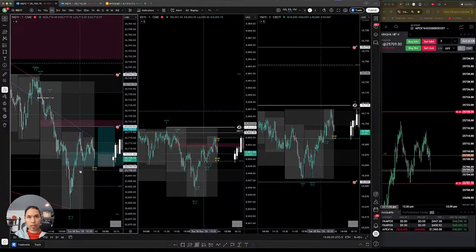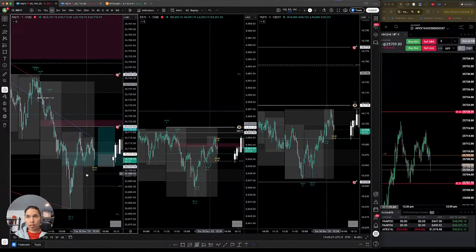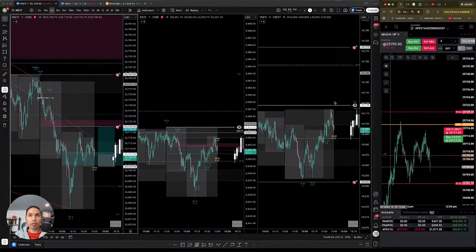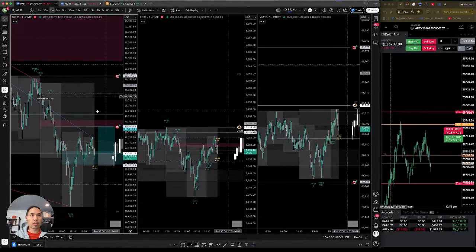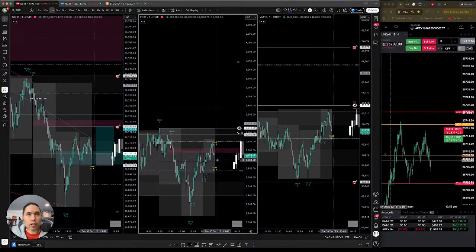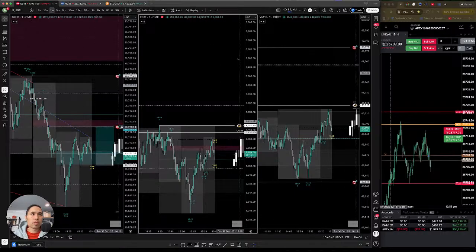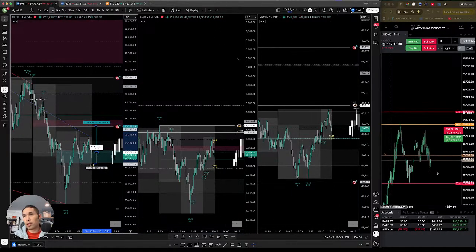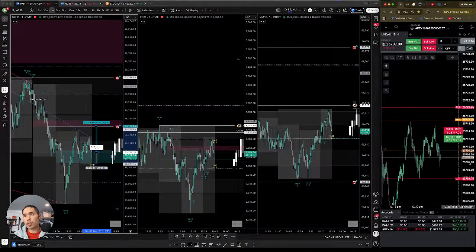I don't like this. Nah, I'm going to get out. I don't like this SMT. Especially if, let's see here, if we close below, this is a 10-point stop, $60 risk.